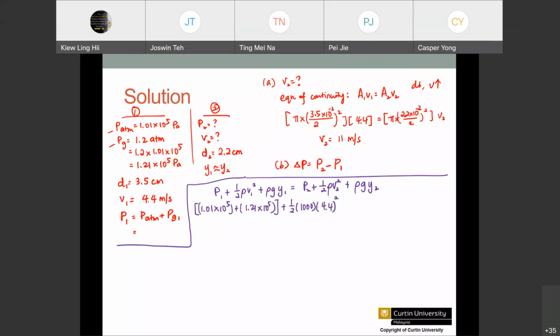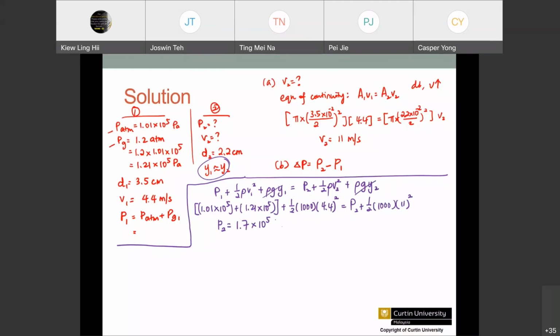Since Y1 equals Y2, these two can be cancelled off, because when you move them to the other side, it equals 0. Equals P2, which is our unknown, V2 is 11. So the value of P2, the absolute pressure at point 2, is 1.7 times 10 to the power of 5 Pascal.